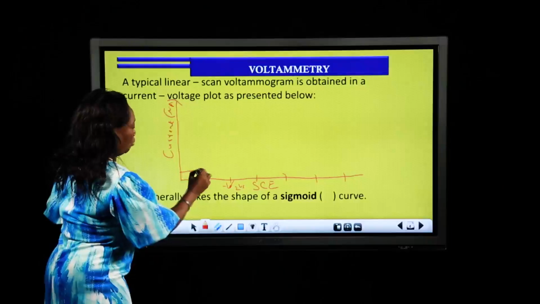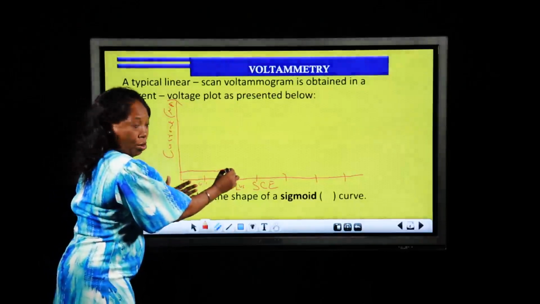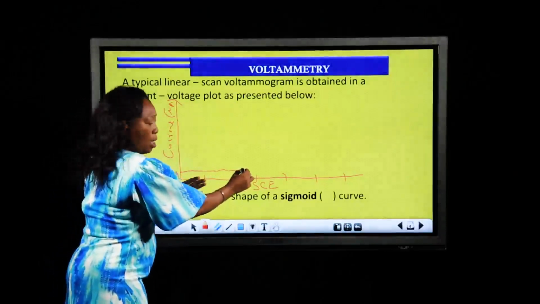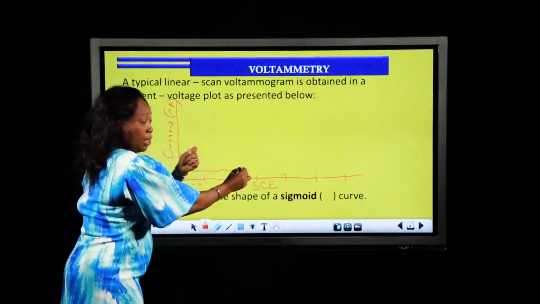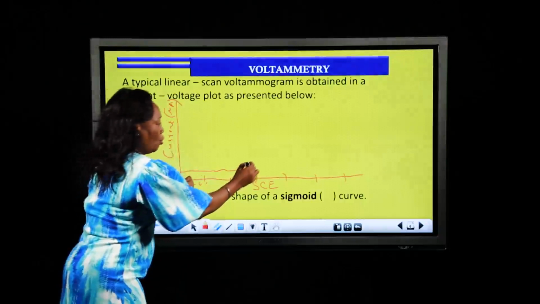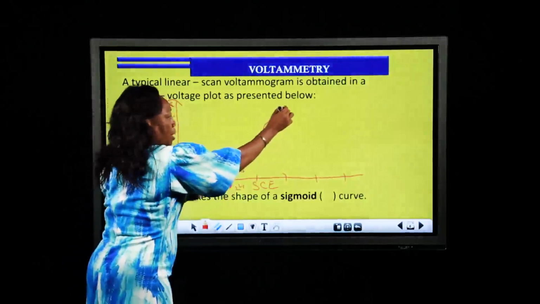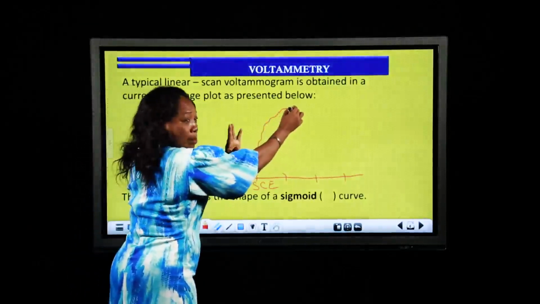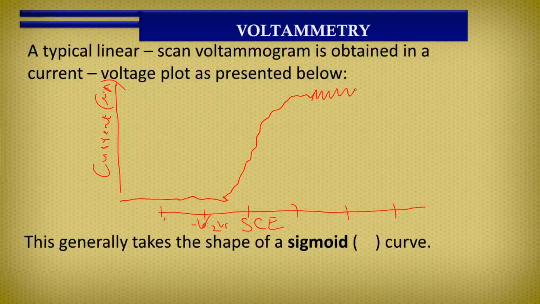When you start, most often your current is a bit constant. This is the residual current. At a point where the electroactive species begin to be detected, you notice that the current starts rising. There's a sharp increase, and then at a point, it stabilizes and becomes constant.